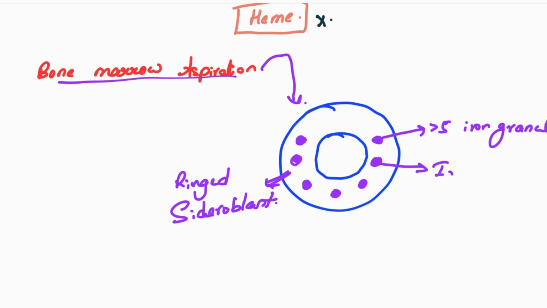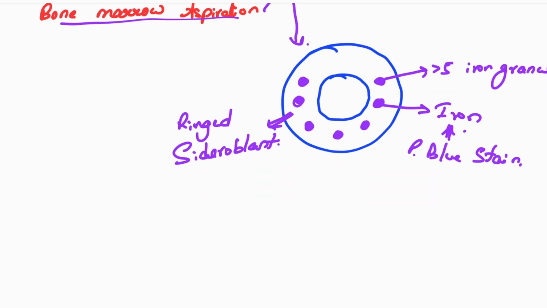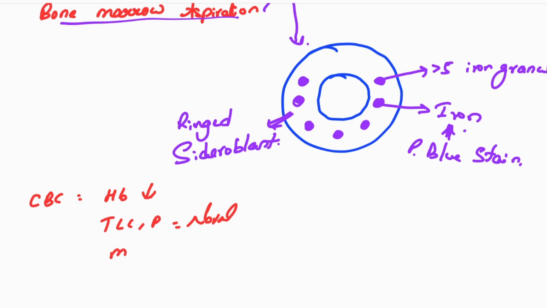As there is iron accumulation, they can be stained with the Prussian blue stain. Okay. CBC: hemoglobin decreases. TLC and platelets will be normal, and RBC indices like MCV, MCH, MCHC all will be decreased.